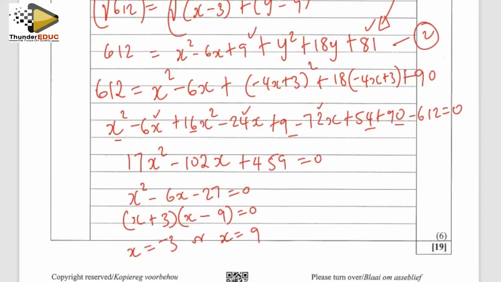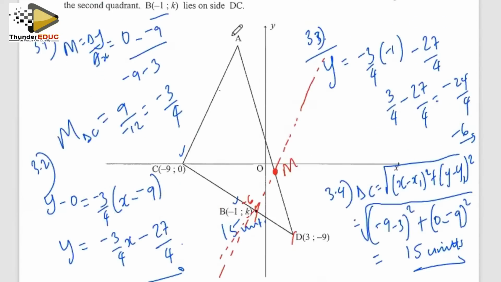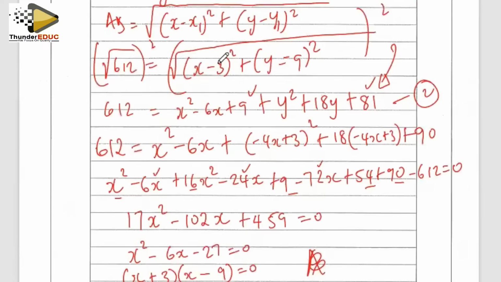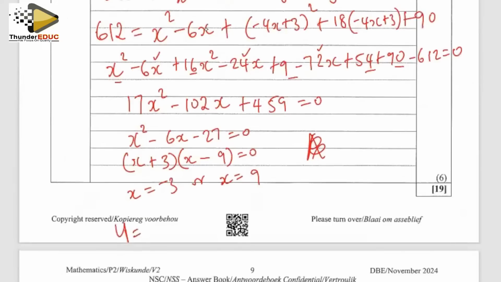But since the A is in the second quadrant, which means the X is going to be -3. So which means for the Y value in this case, we substitute into that equation, -4X plus 3. So -4 times -3 plus 3, that is going to give us what?